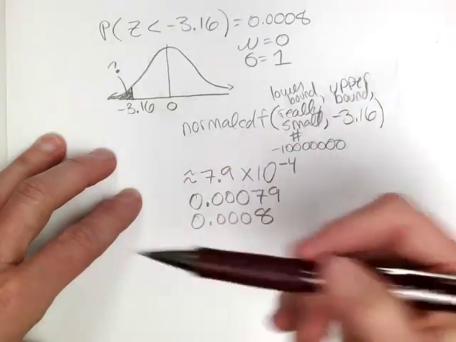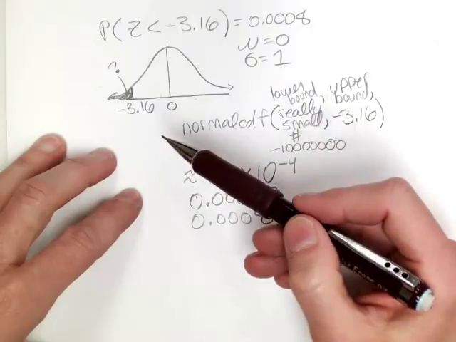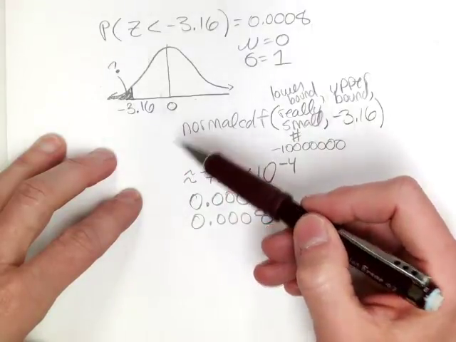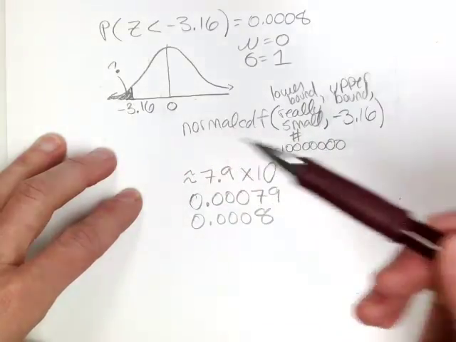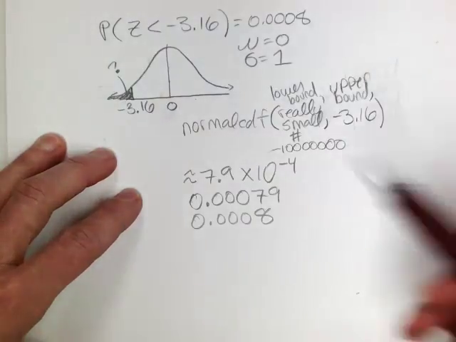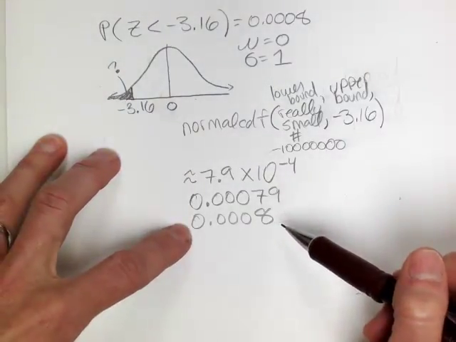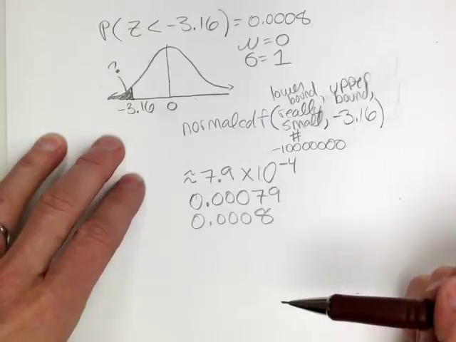So this is one reason why sketching the distribution is helpful. It should reflect what you expect to get with your answer. Okay, I'm expecting a very small probability, certainly less than 1/2.